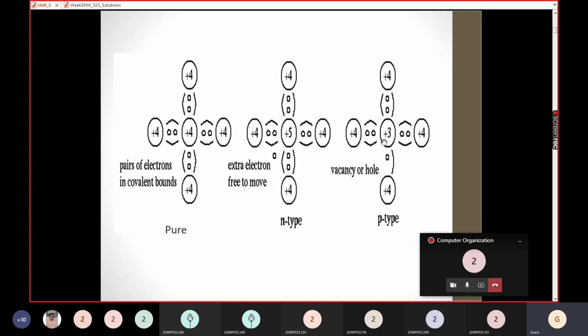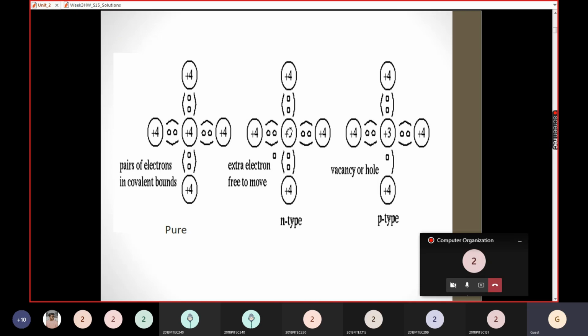There may be some confusion in my words, so I repeat it again, understand clearly. +5 represents the number of holes here. +4 represents the number of electrons here. Here in N type, the electrons remain unbonded with respect to holes. Again, I repeat, the electrons remain unbonded with respect to holes.